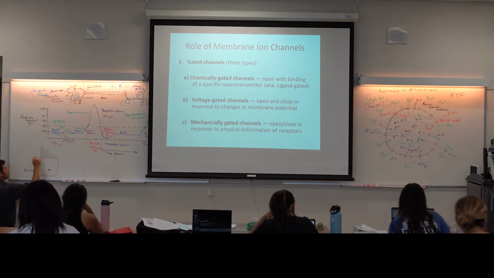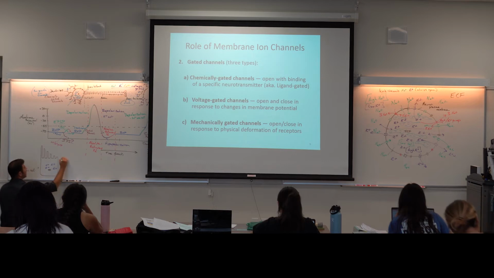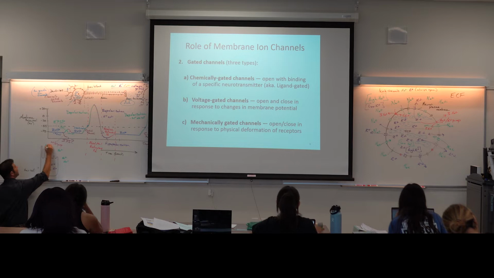Here's our hair cell. It's got these hairs that stick up. And imagine this has a bunch of potassium ions inside the cell, and a bunch of these sodium ions outside the cell.